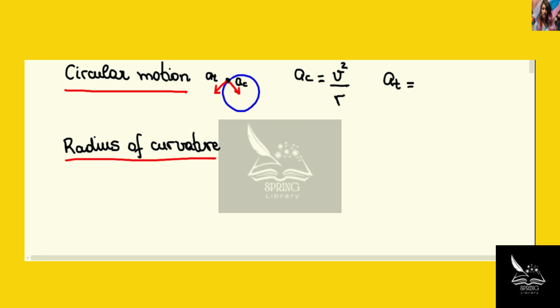The tangential acceleration, on the other hand, accounts for the change in speed of the particle and is equal to dv dt.